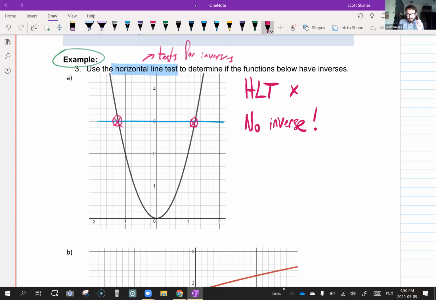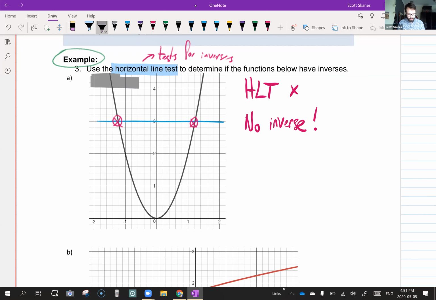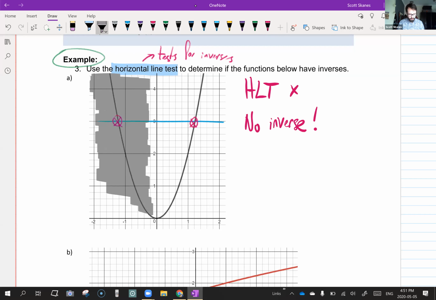There is one thing I need to say about this. Something that we do in this section is that we force functions to have an inverse. The only way we can force them to have an inverse is if we ignore part of the function, so we force it to pass the horizontal line test. What I mean is we say, what if this function didn't exist over here? What if we started it at x equals 0?